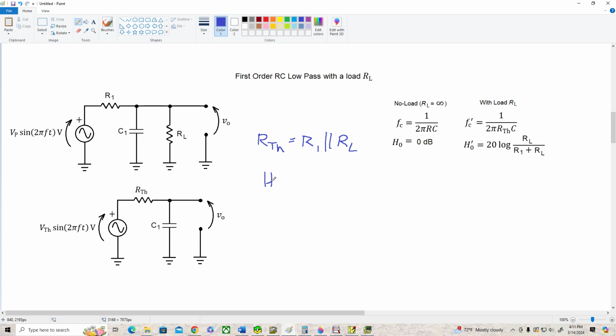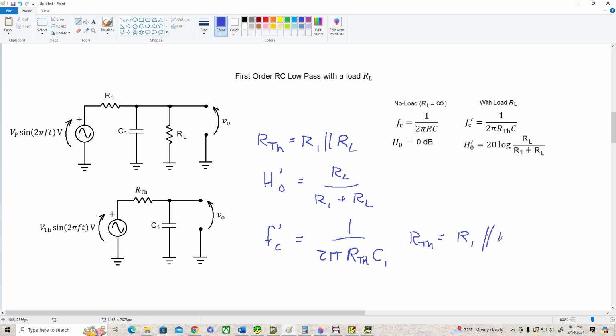So H prime 0 is equal to RL divided by R1 plus RL. Now that's the numerical ratio. If we want it in decibels, we simply multiply 20 times the log of that fraction. The new critical frequency, F prime C, is 1 over 2 pi RTH times C1, where RTH is simply R1 in parallel with RL.